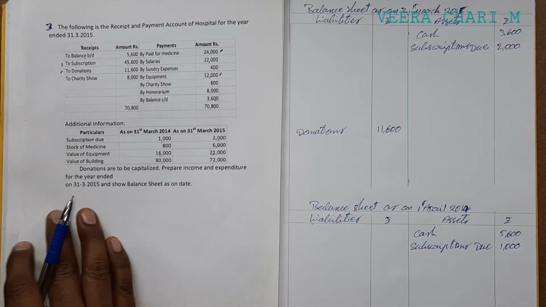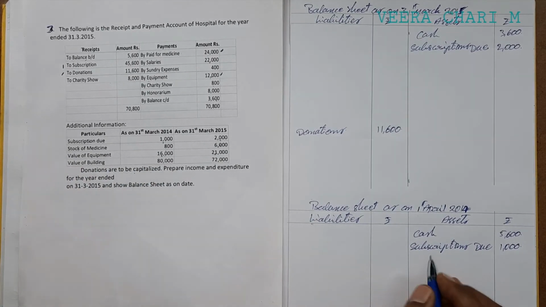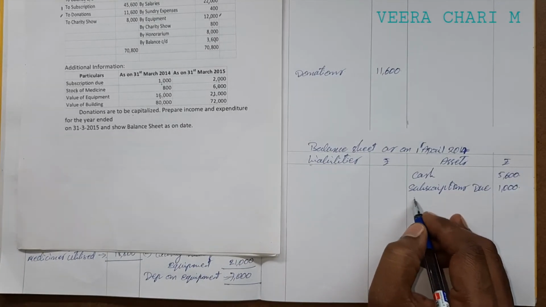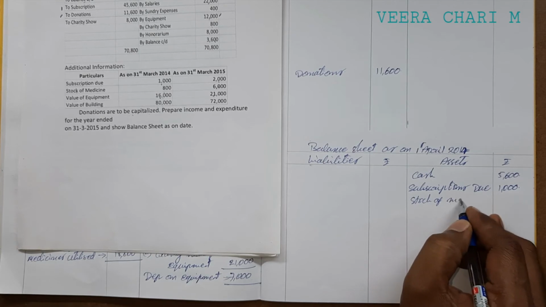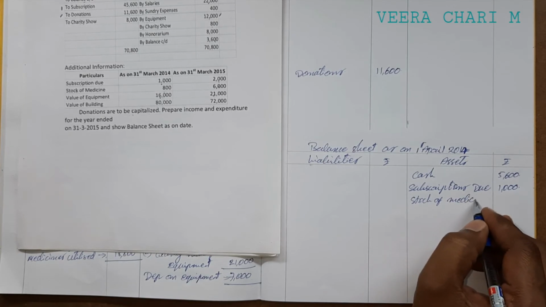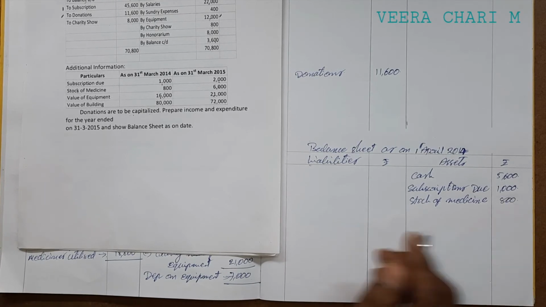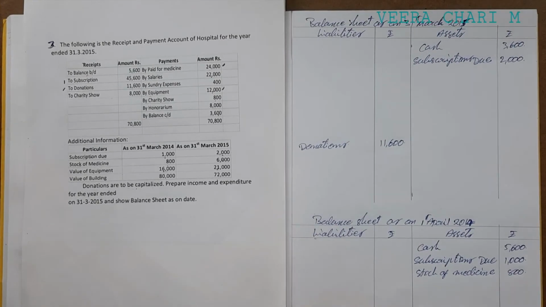Whatever the stock of medicines, you can write the opening value under opening balance sheet, that is stock of medicine. It is an asset. Medicine is one of the stock only, good.